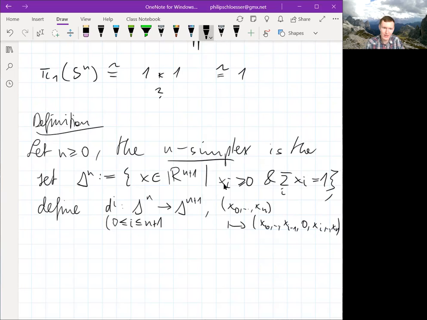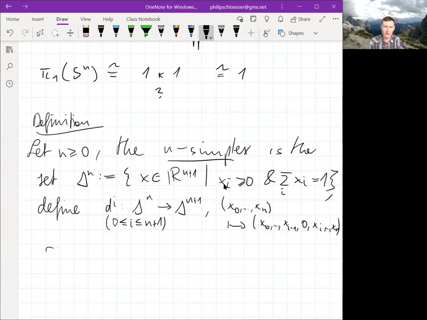I guess i can actually be smaller than or equal to n plus 1, right? Yeah, because d n plus 1 just has a 0 at the end.